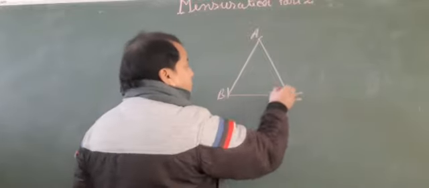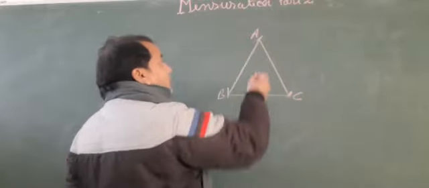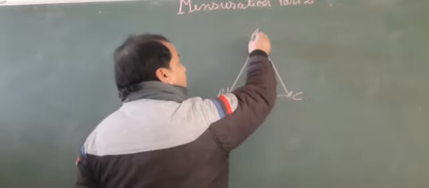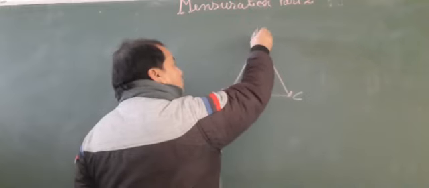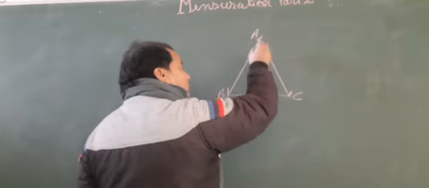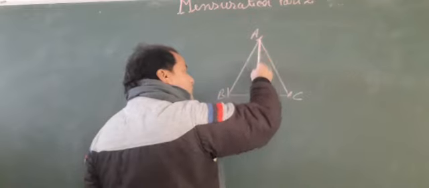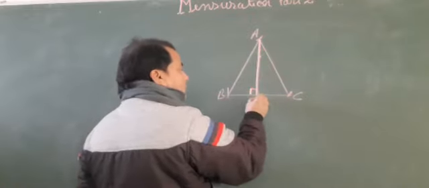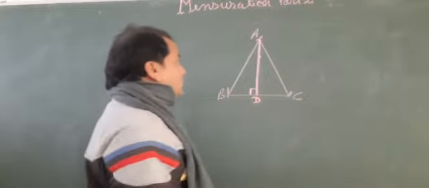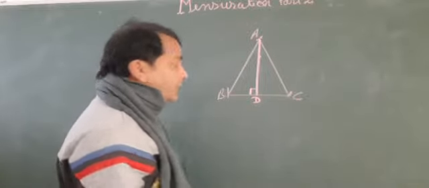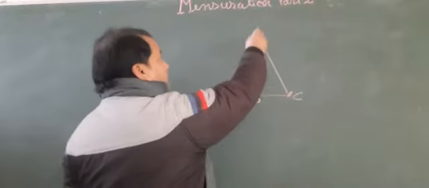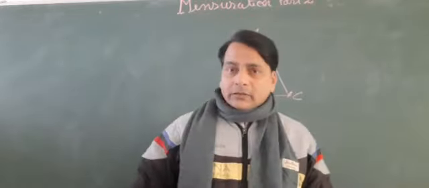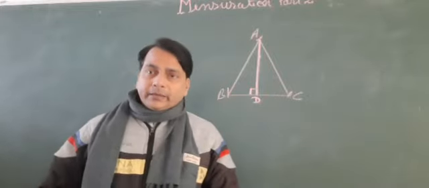Suppose that triangle ABC is here and a perpendicular is drawn from the vertex A to side BC. So triangle ADC and triangle ADB are right angle triangles. A right angle triangle means a triangle having one angle of 90 degrees.